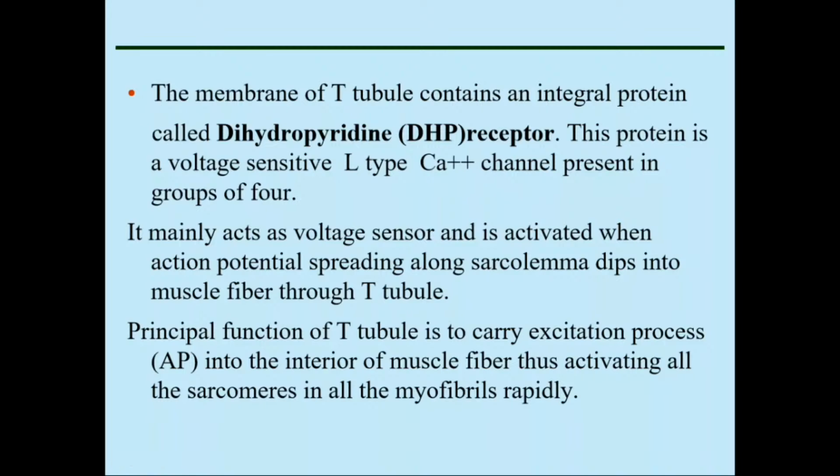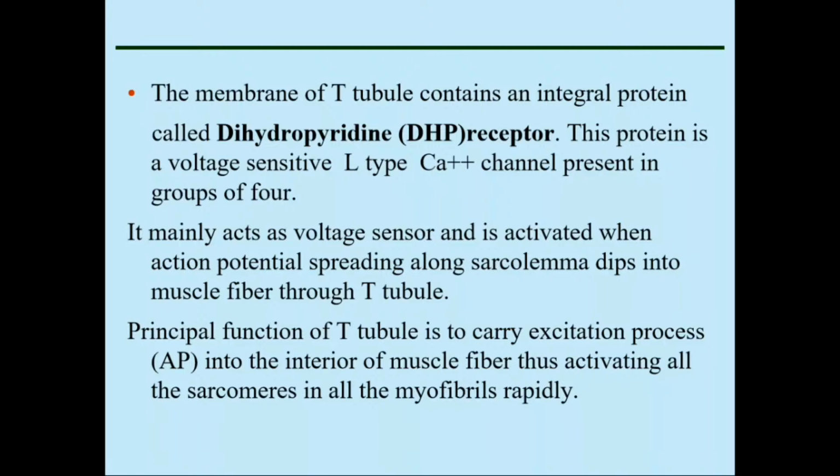So what is this dihydropyridine receptor? It is present in the membrane of the T tubule and it acts as a voltage sensor L-type calcium channel present in groups of 4. It mainly acts as a voltage sensor and is activated when the action potential spreading along the sarcolemma dips into the muscle fiber through the T tubule.